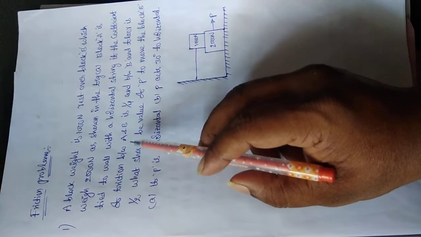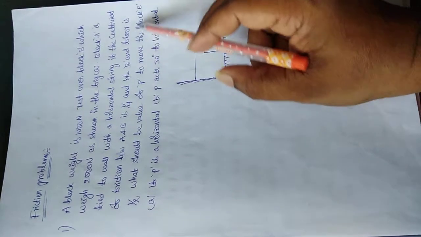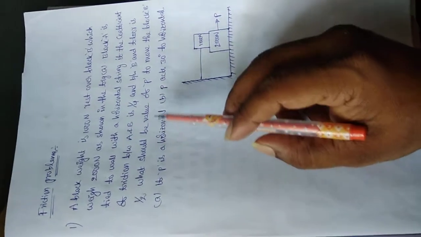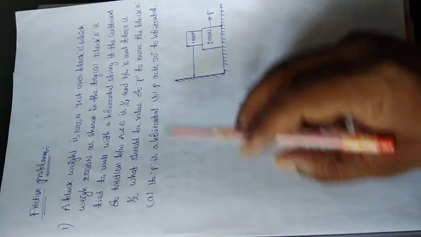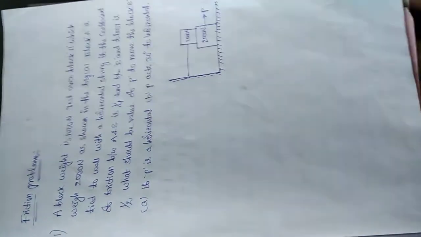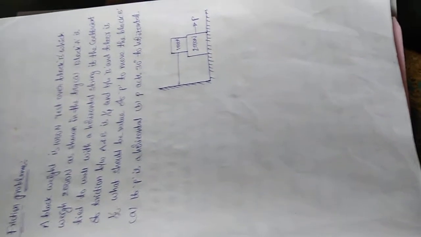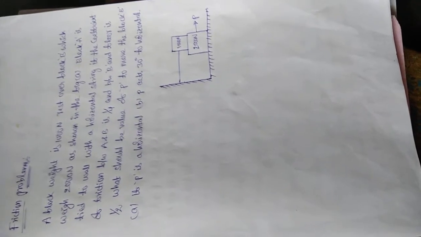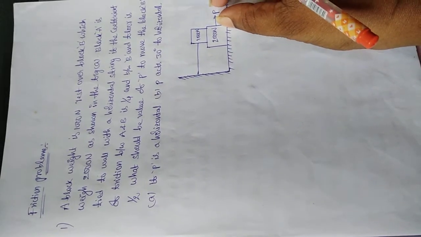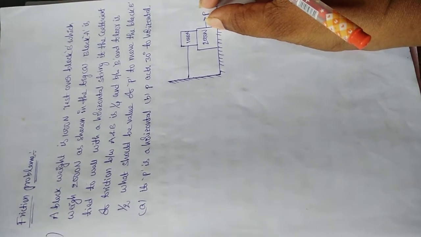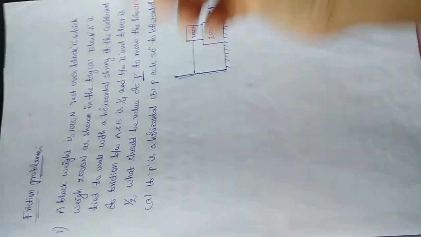If the coefficient of friction between A and B is 1/4 and between B and the floor is 1/2, what should be the value of P to move the block B, if P is horizontal, and if P acts at 30 degrees to the horizontal? In this problem, he is asking us to find the value of P if P is horizontal and if P acts at 30 degrees to the horizontal.